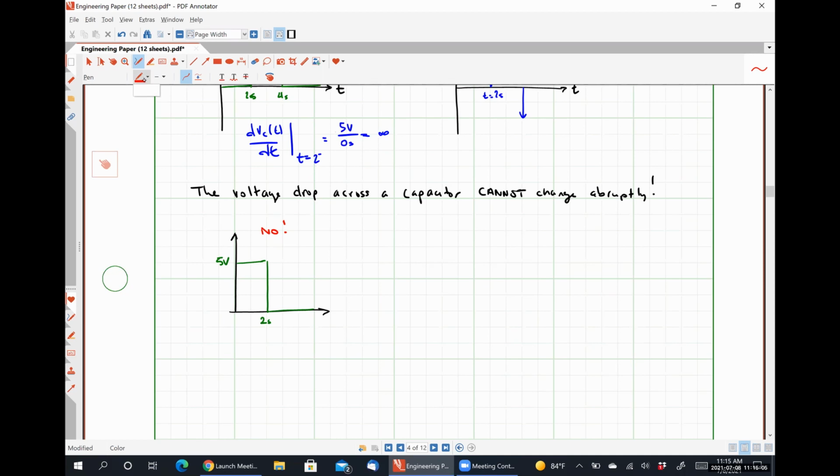But we can absolutely have a situation like this, where there is a fixed non-infinite slope.